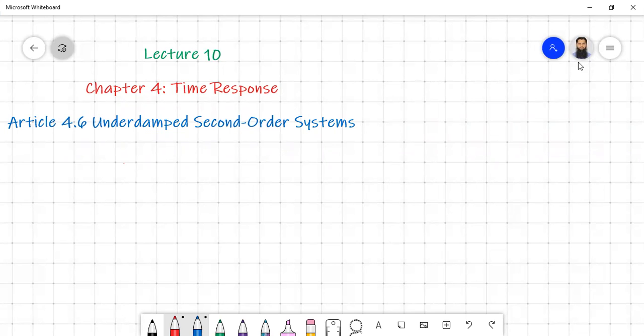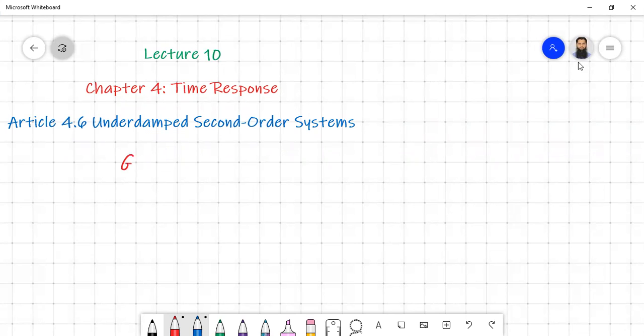We are discussing chapter 4, time response or transient behavior. In the last article that we covered, article 4.5, we tried to find a generalized transfer function.